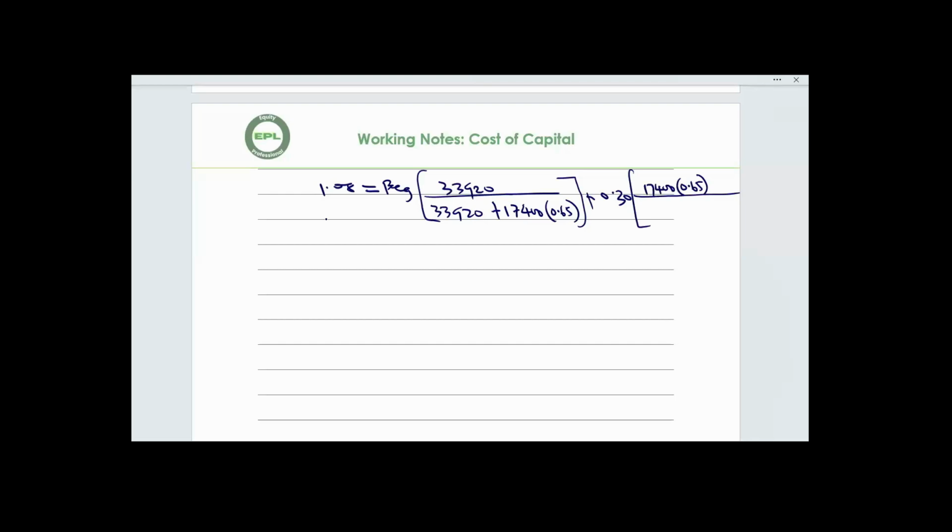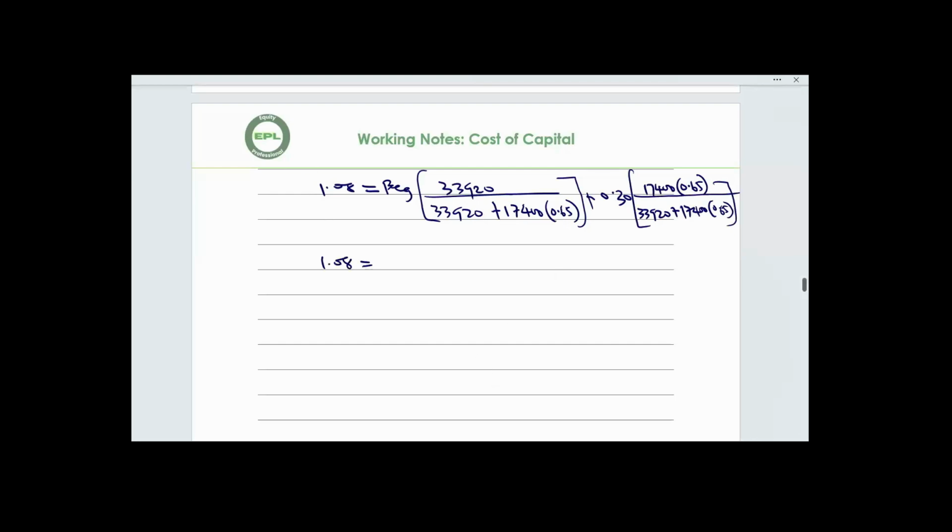All right. So here is 33,920 plus 17.4 times 0.65. So 1.08 equal.